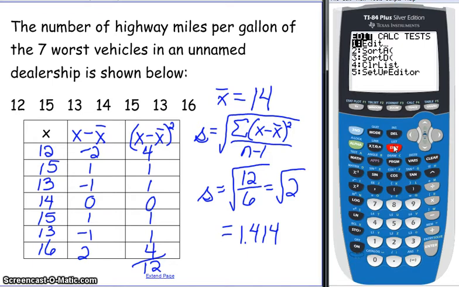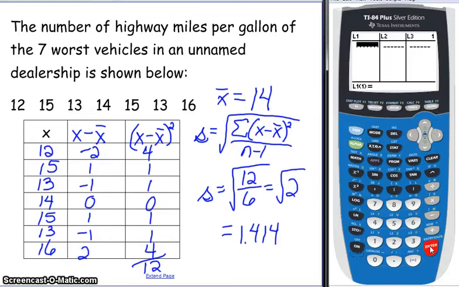So I'm going to go to Stat, just like we did earlier with the mean and median and such, and select Edit and put in our data. 12, 13, 15, and so on.